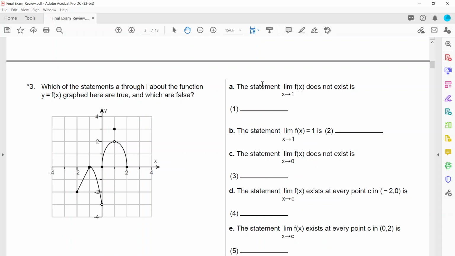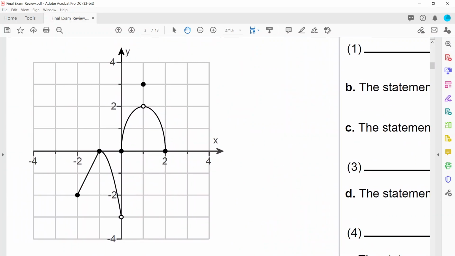The statement: the limit of this function f of x when x approaches 1 does not exist. Let's look here. If you zoom in on this graph, when x approaches 1, from the left side the function is going towards 2, and from the right side it's going towards 2, so the left-hand limit and the right-hand limit are the same.